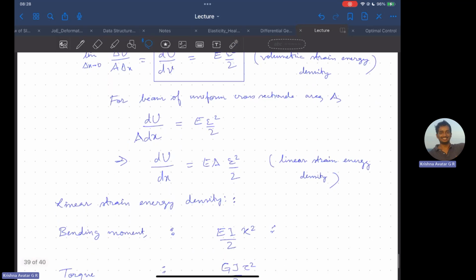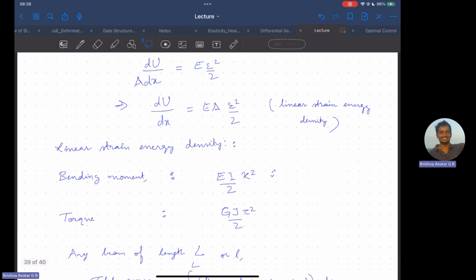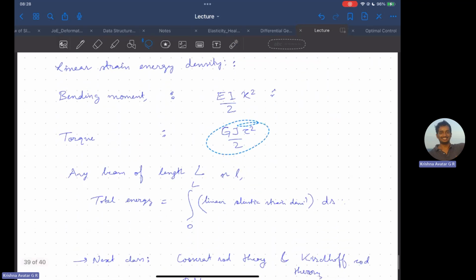For the case of the bending moment, the linear strain energy density is going to be EI kappa squared by 2. For a torque, it's going to be GJ tau squared by 2.